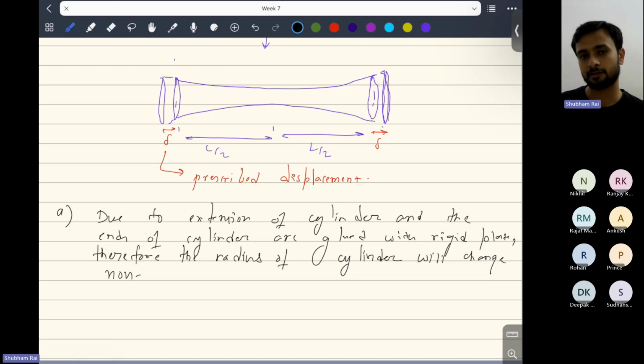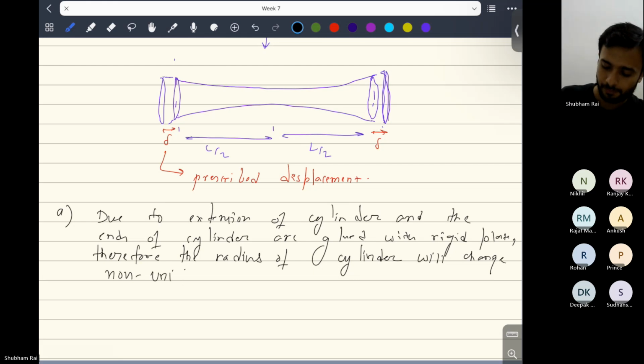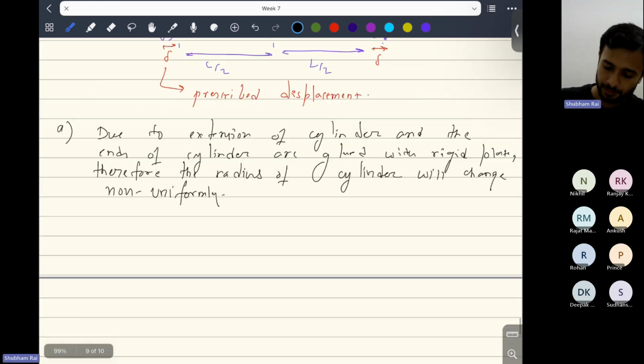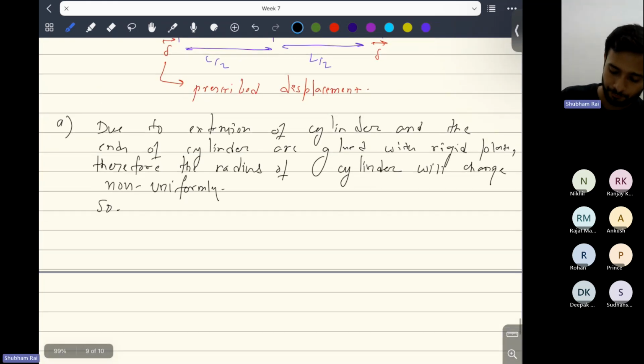Non-uniformly means at different z you will have different radius of cylinder. So we can say that UR is a function of z.